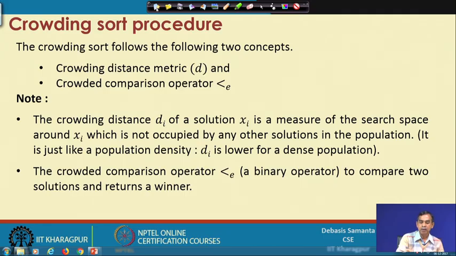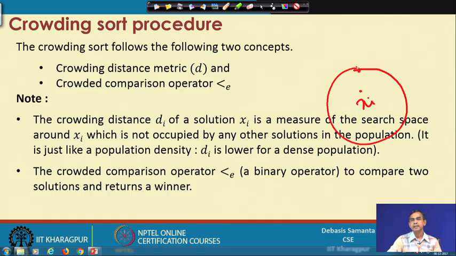The physical meaning is this: if xi is one solution, the crowding distance is the space up to where the next neighbor is. So if this is the solution xi and this is the distance to its neighbor, then the crowding distance of this solution is more than that of this other solution.